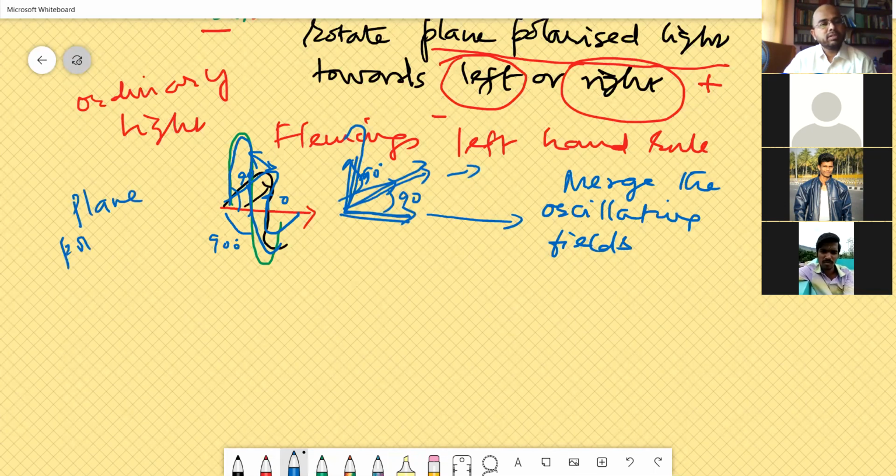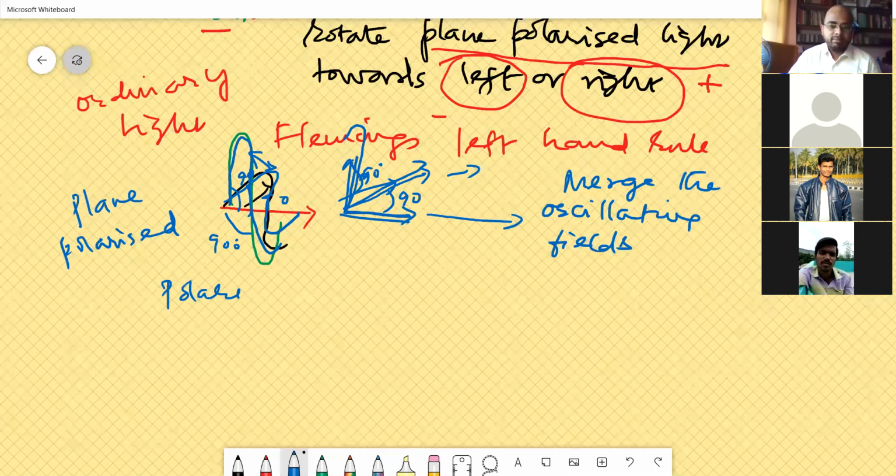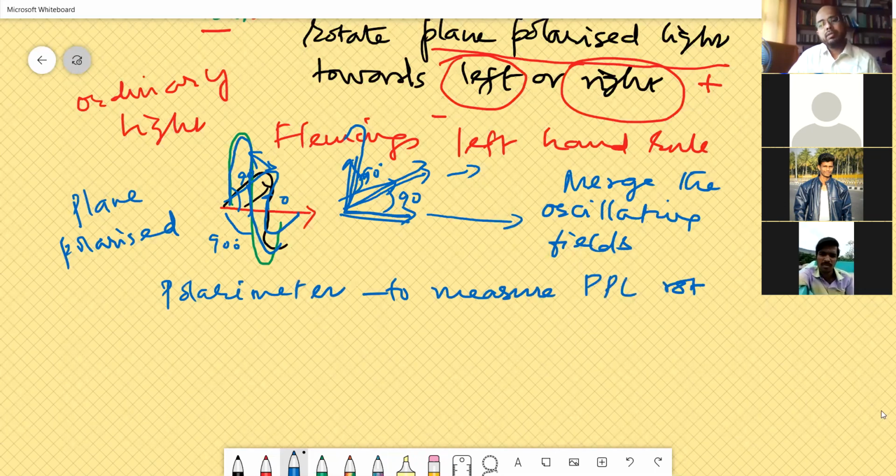What is the property of this plane polarized light? You are able to polarize it, you are able to destroy certain properties of light. So we use a polarimeter to measure the plane polarization, to measure PPL rotation.